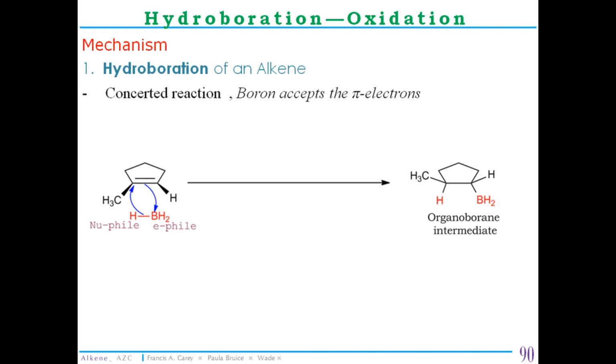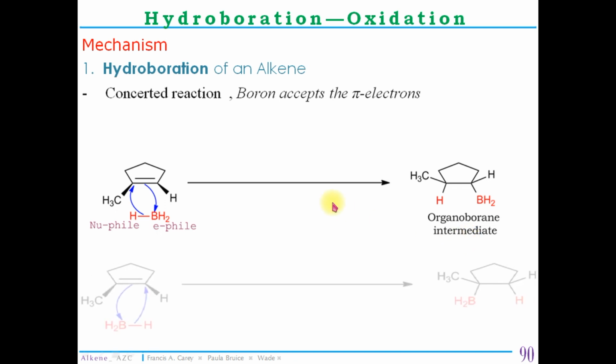Mechanism where first stage is hydroboration of alkene. It is a concerted step where boron accepts pi electron, where boron is electrophile and adjacent connected hydrogen is nucleophile. Alkene shares its pi electron with boron and gives organoborane intermediate.